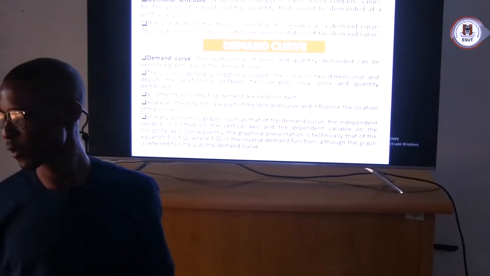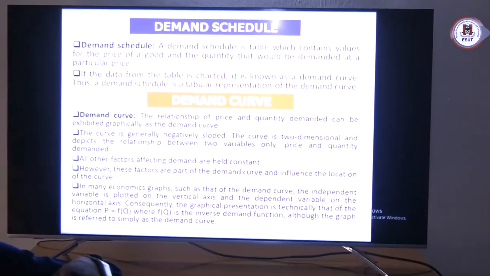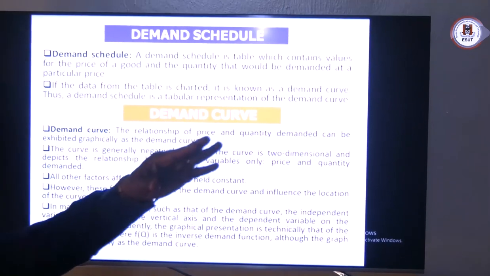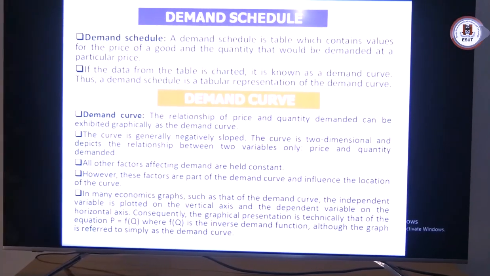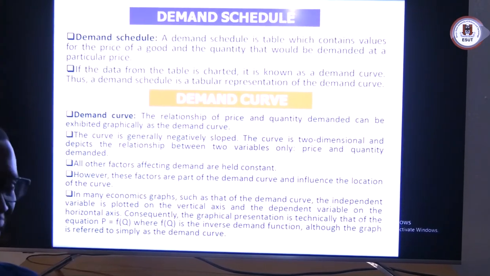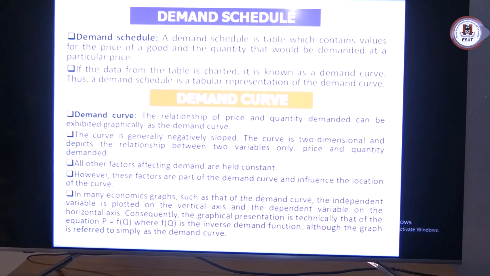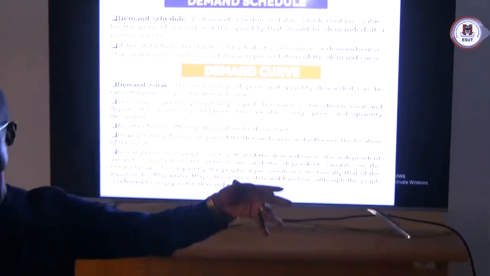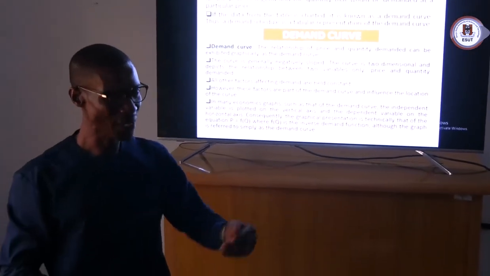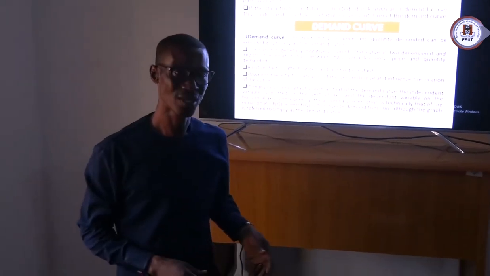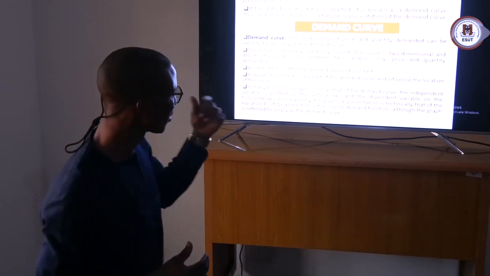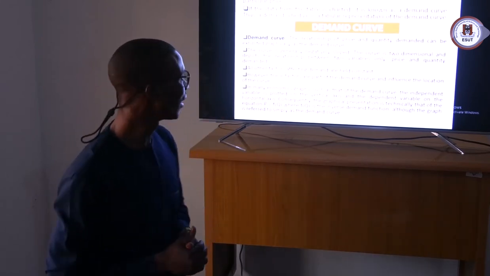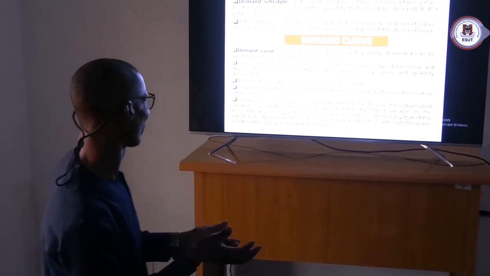In economics, you have the items, the quantity demanded, and the prices. Any tabular schedule that contains the items, the quantity demanded, and the price is seen as what? A demand schedule.